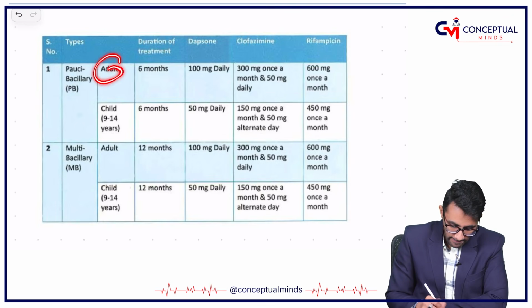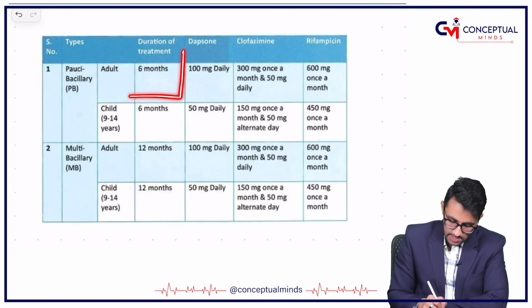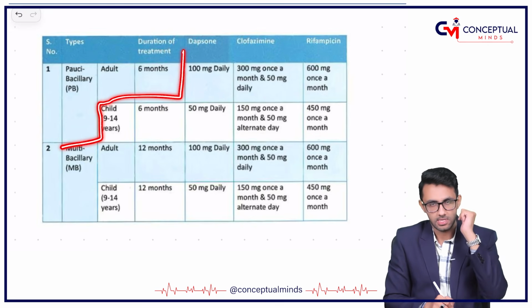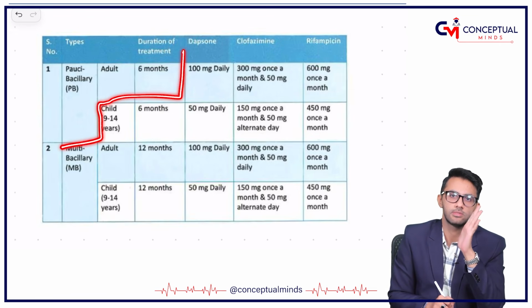The treatment duration is also discussed; the table is the same as above. The duration would be 6 months. Paucibacillary 6 months, multibacillary 12 months.